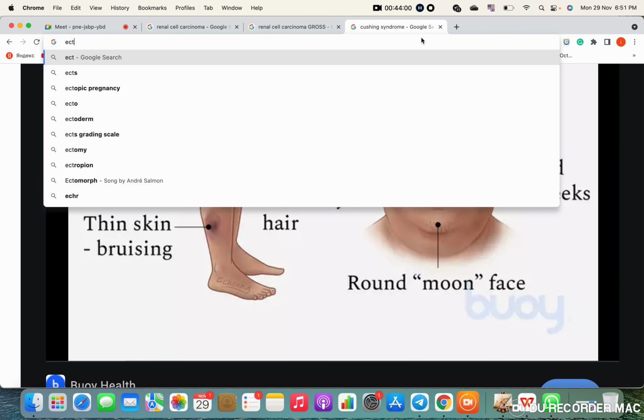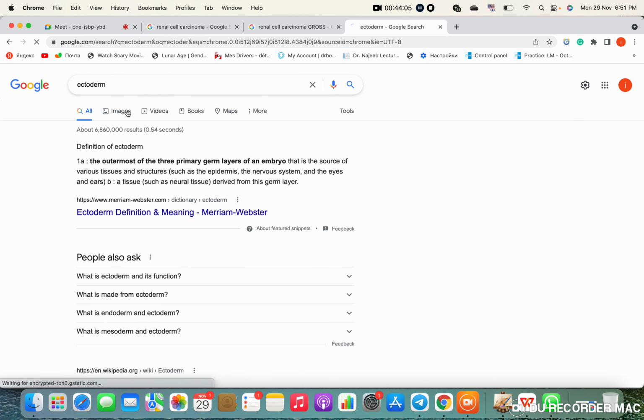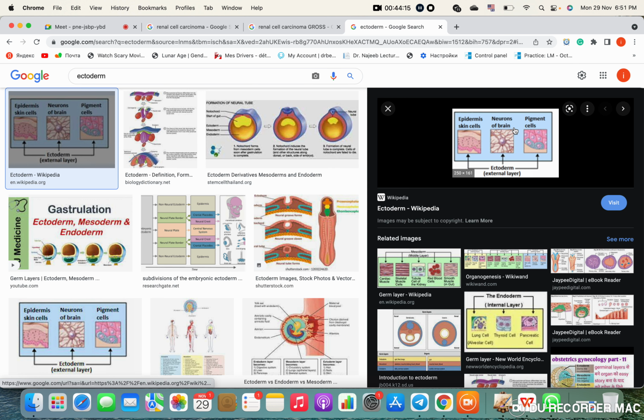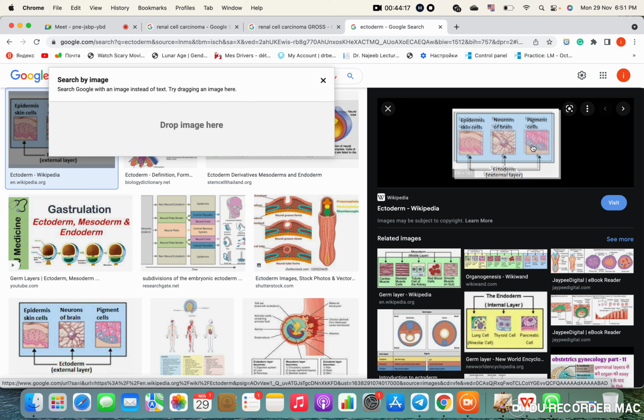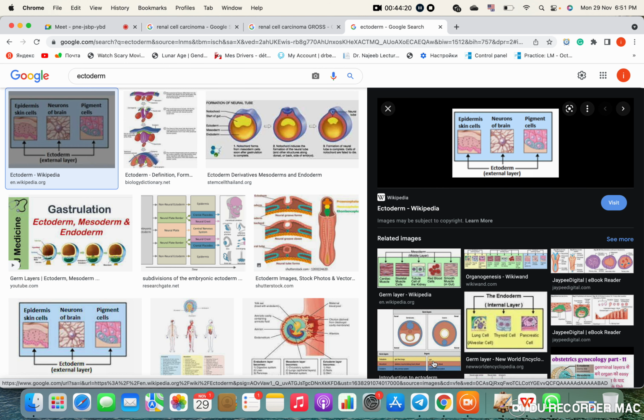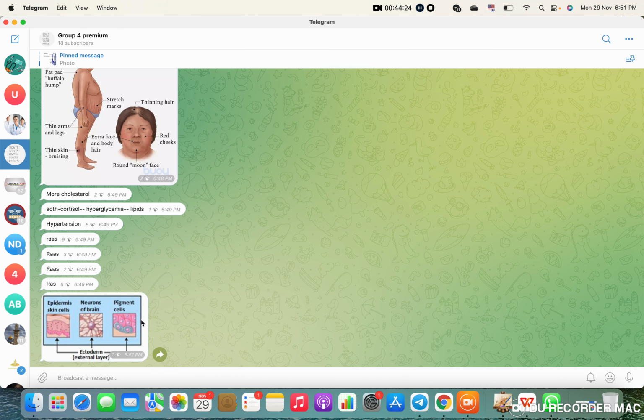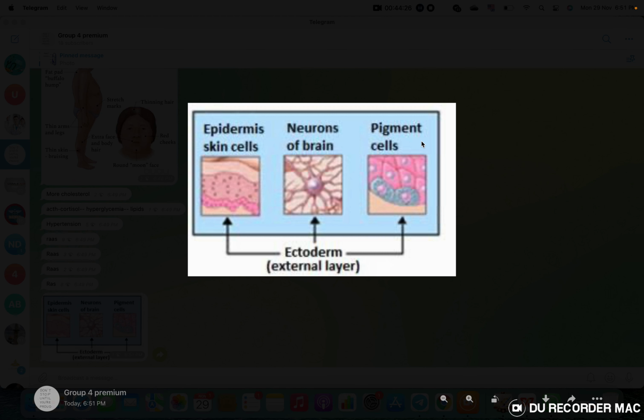Well, when we do the reproductive system, I will tell you about something called the ectoderm. What does the ectoderm make for us? It makes for us the neural tube. Notice something: what does it make for us also? That's surprising. That's actually really cool. It makes for us the pigment cells, the neurons of the brain, and the epidermis skin cells.